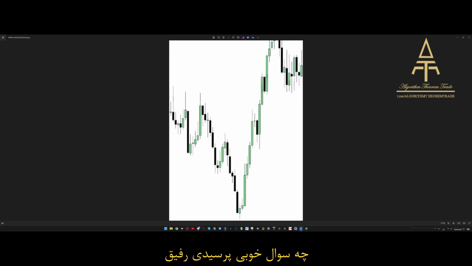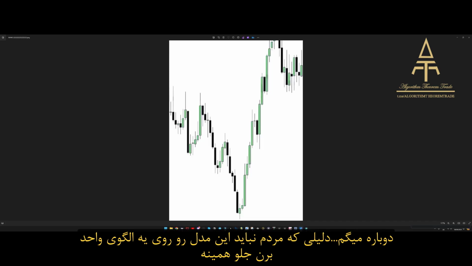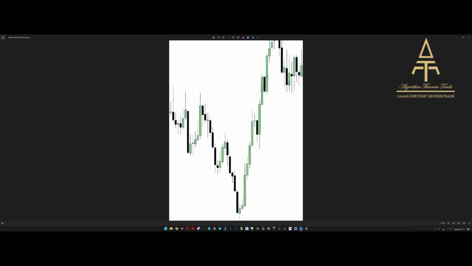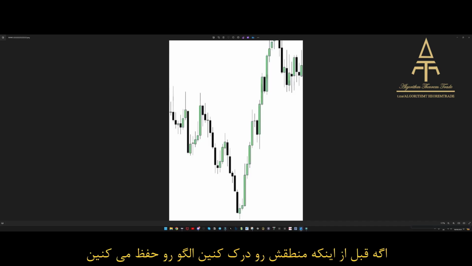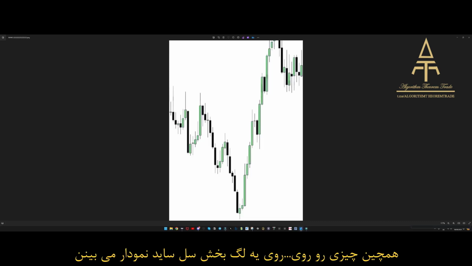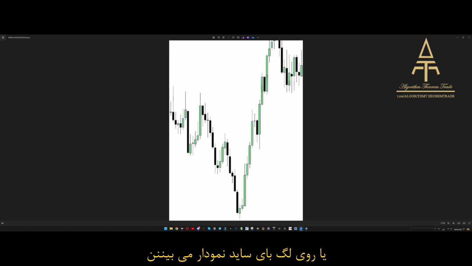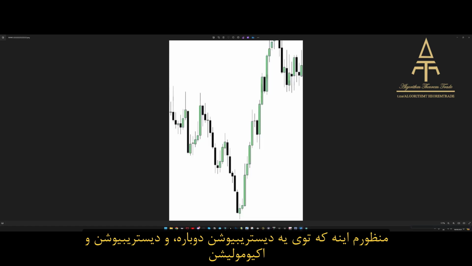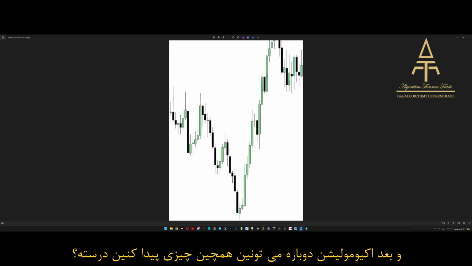Good question, mate. So, again, this is why people shouldn't pattern trade this model, because for sure you may see this, if we call it a pattern for now before you understand the logic, on a leg on the sell side of the curve or on a leg on the buy side of the curve. So what I mean is, in the redistribution, in the distribution, in the accumulation, in the reaccumulation, you can find this happening, right?